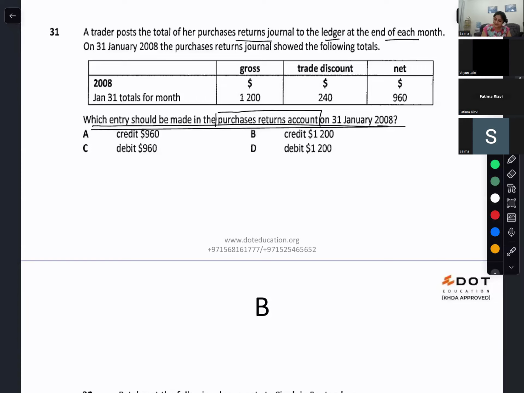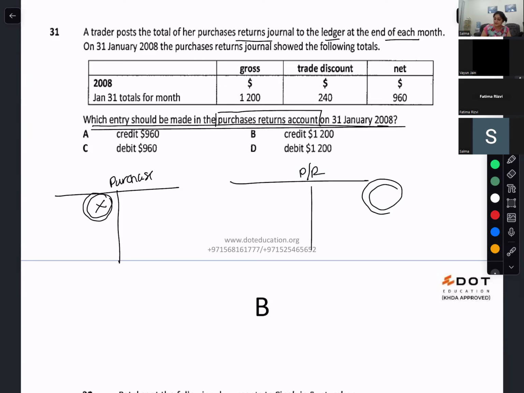Purchase has what balance? Debit. So anything that you post would come on the debit side of purchase and on the credit side of the purchase return. If purchase is recorded at list price, purchase return will also be recorded at net list price.